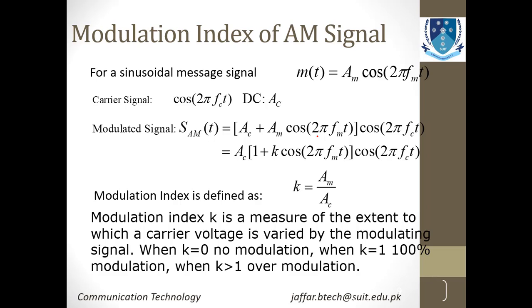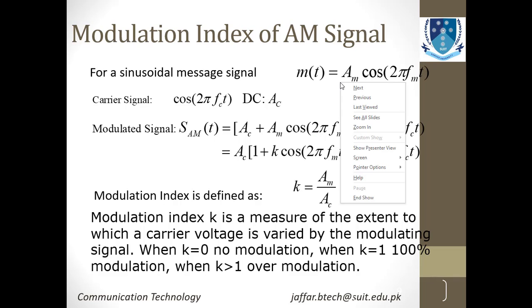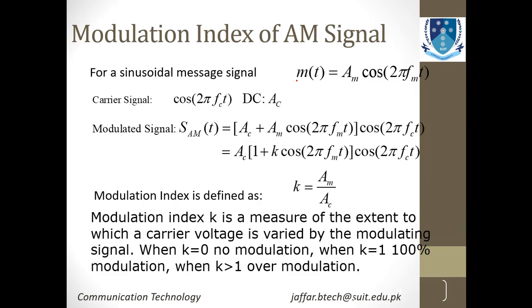So for any sinusoidal message signal, let's say m of t is equal to am cos 2 pi fmt, and any carrier signal, let's say this is your DC component of the carrier, cos 2 pi fct.